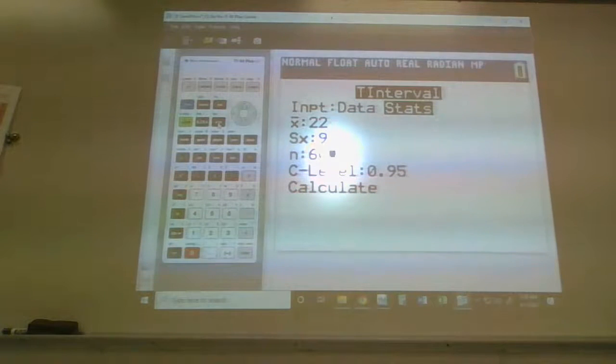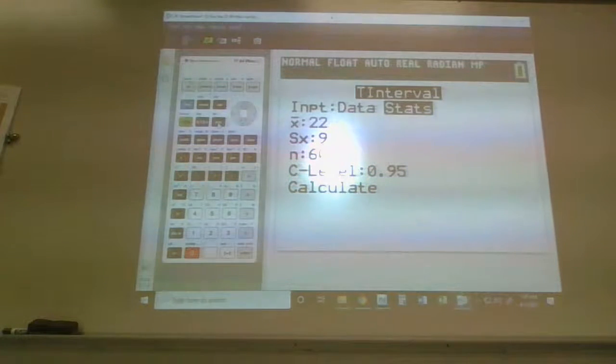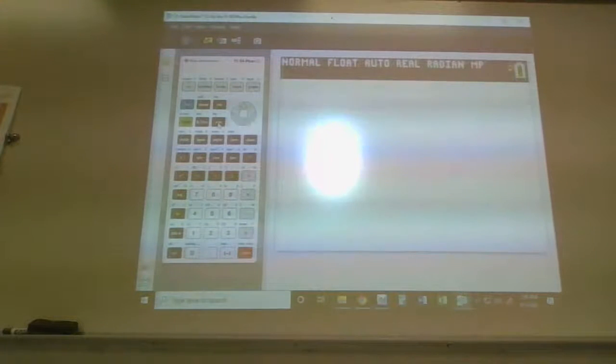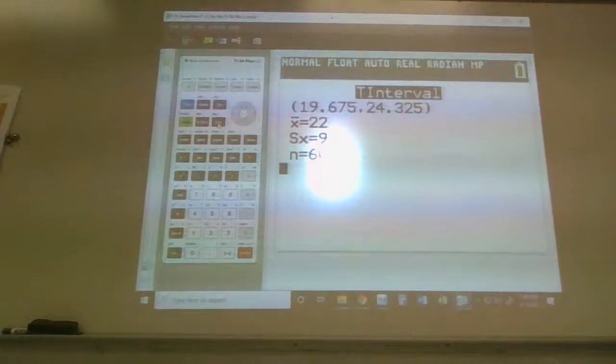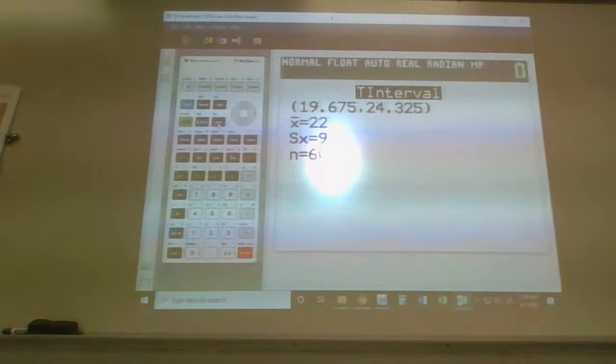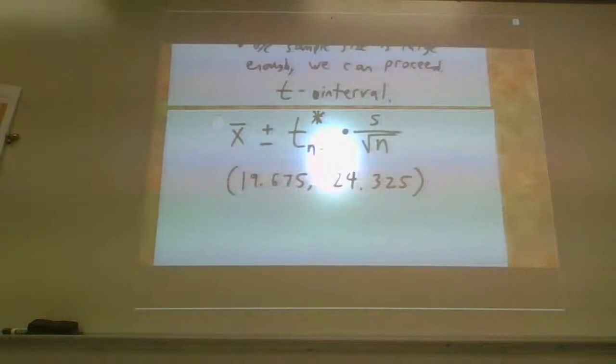Okay, that works for me. And then it's 95%. I'm going to calculate, and this pops out. Let me write this down real quick. 19.675, comma, 24.325. With that x-bar, that S, and that n.